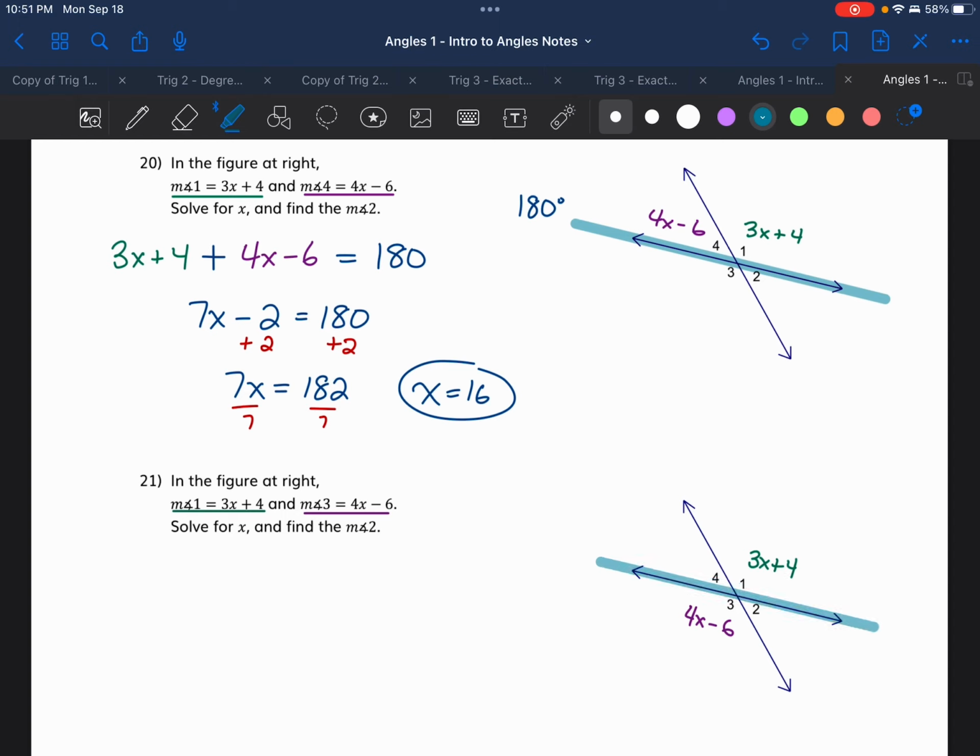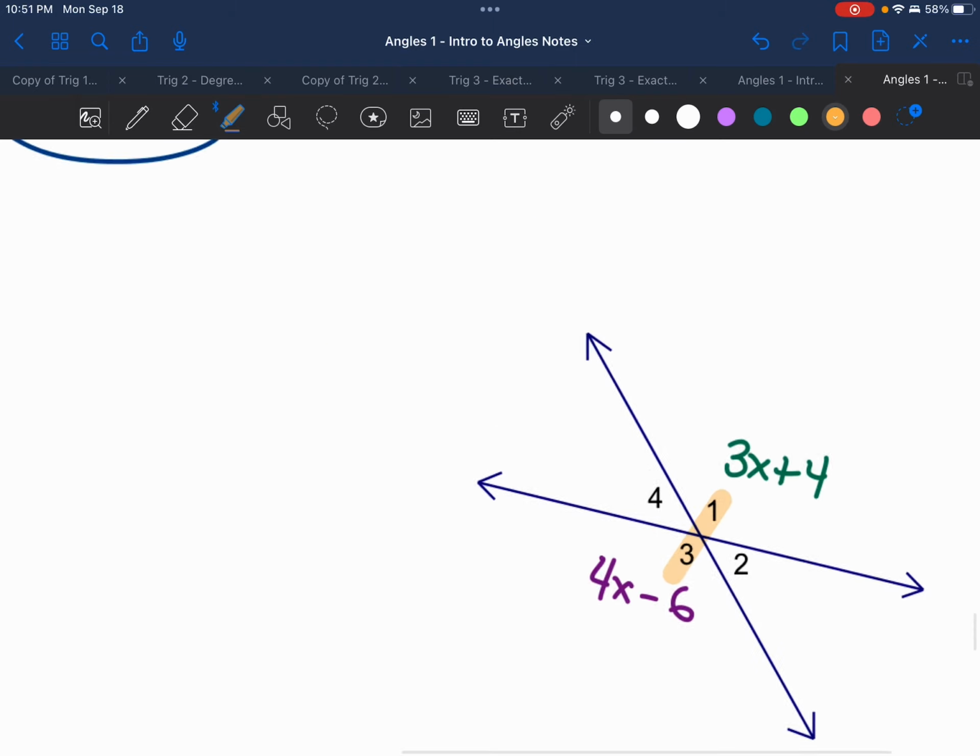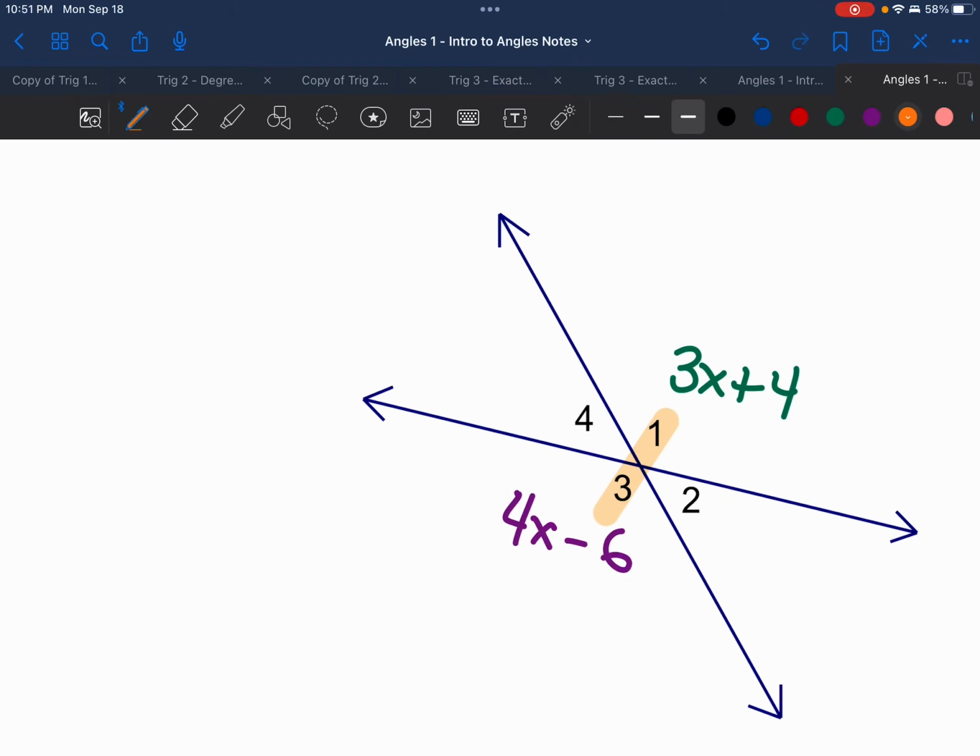Straight line's not going to help me right now because I don't know anything about angle 4. I also don't know anything about angle 2, so it's not going to help me with this line either if I compare it to angle 1. No, all I have are angles 1 and 3 that lie directly across this intersection from one another. Angles 1 and 3 only meet at a single point that we call the vertex of each angle.